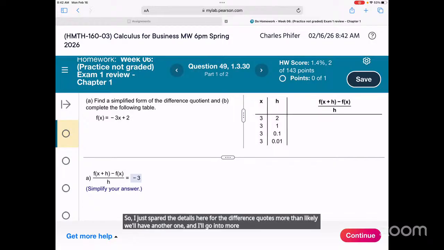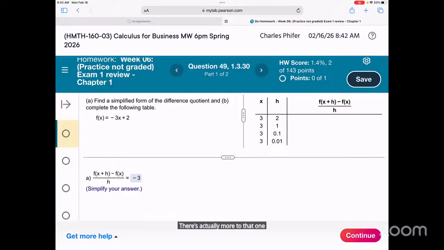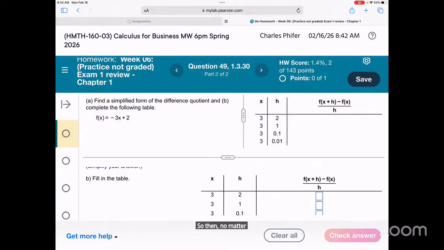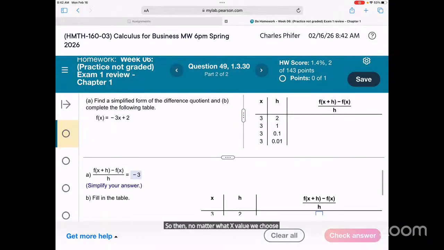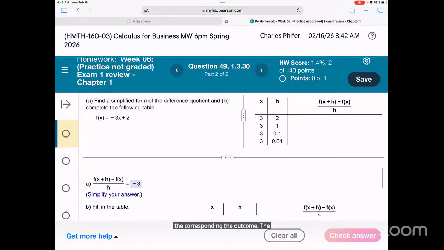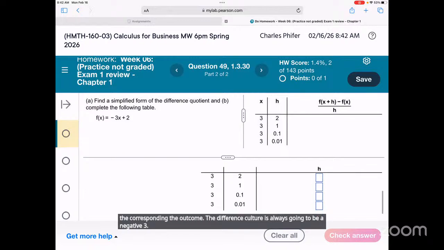I really just took the derivative because it was a constant. There's actually more to that one, but I'll save it for when it pops back up. No matter what x value we choose, the difference quotient is always going to be -3 in this case.